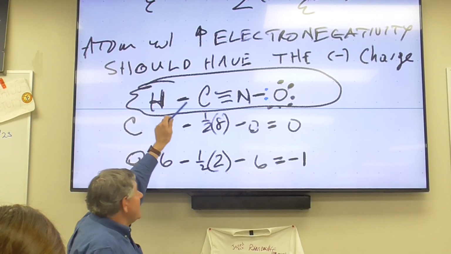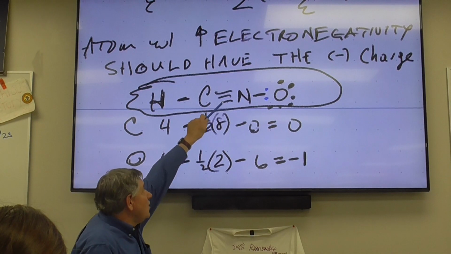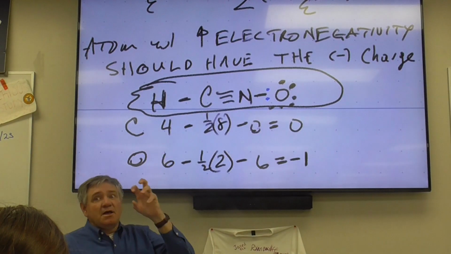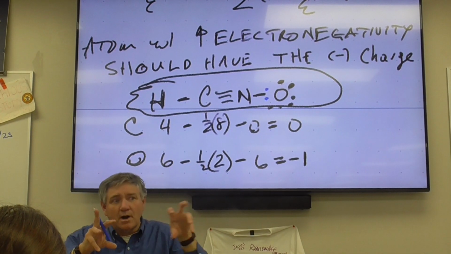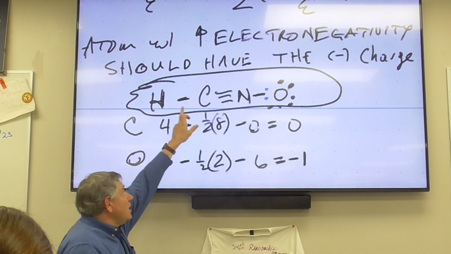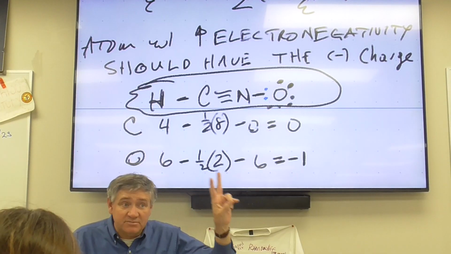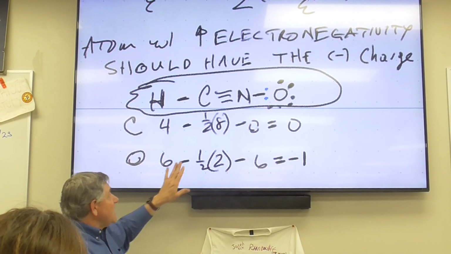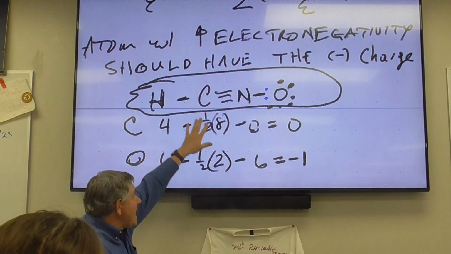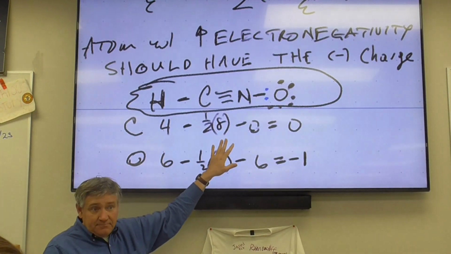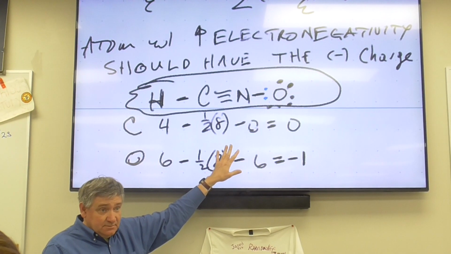So if you look at carbon, this is the total number of electrons that are involved in forming the bonds with carbon. You've got 1, 2, 3, 4. You've got 4 bonds. Each one of those involves 2 electrons. So that's why this is going to be half of 8. Does that make sense?